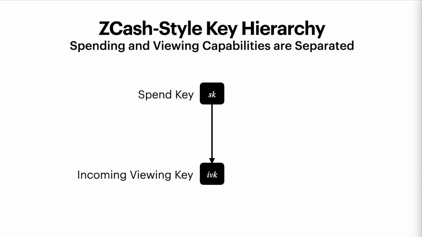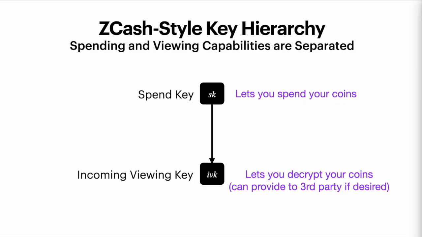You have a spend key here, SK, which does what's on the tin, lets you spend the coins. And then you have a couple of viewing keys, but here the incoming viewing key, which lets you decrypt the coins that are sent to you. You can provide that to a third party if you want. That obviously has implications for your privacy.